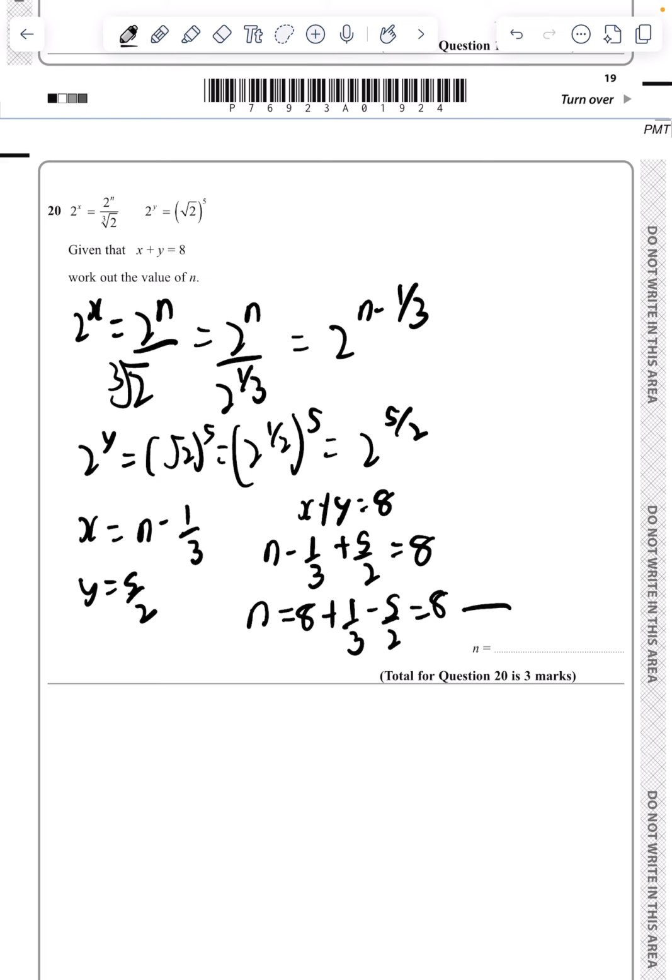Plus a third, so 2/6 minus 15/6. Let's bring it here. Eight minus 13/6. So 48 minus 13/6 is 35/6. So 5/6.